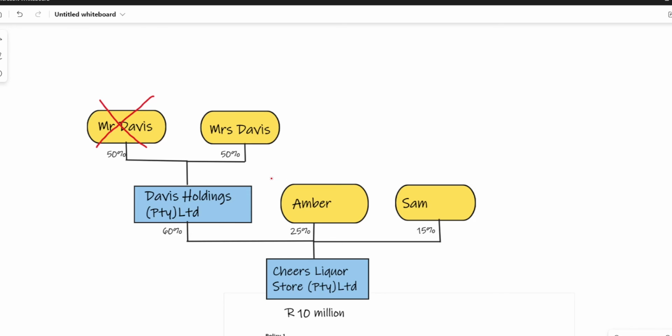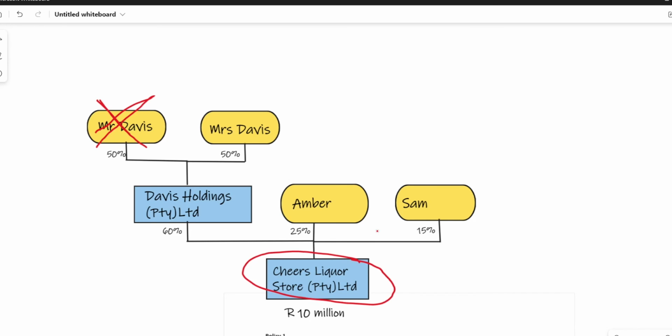Certain requirements have to be met, and I'll put a link in the description below just to jog your memory about some of those requirements. But for our purposes, one of them that hasn't been met is that Mr. Davis is actually not a shareholder in this company.